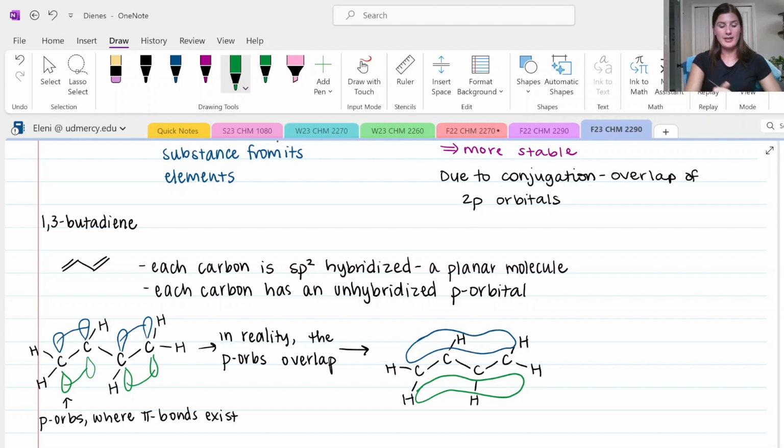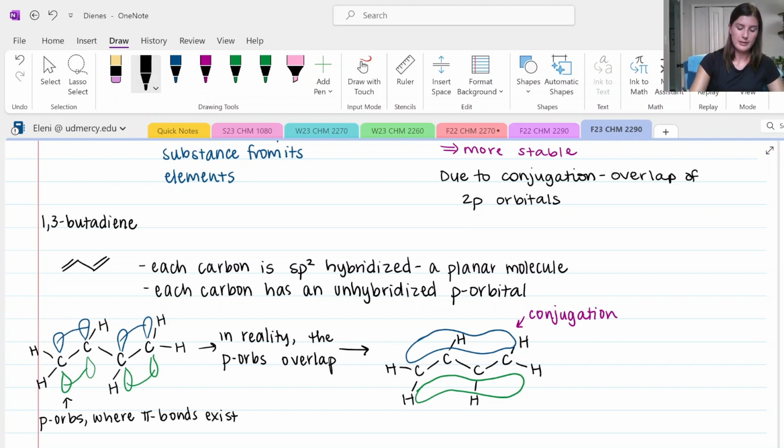And this is what we call conjugation. Where we have a larger p orbital system that these electrons can exist in. The pi electrons now are not located to one atom. They can be shared across all of these atoms.